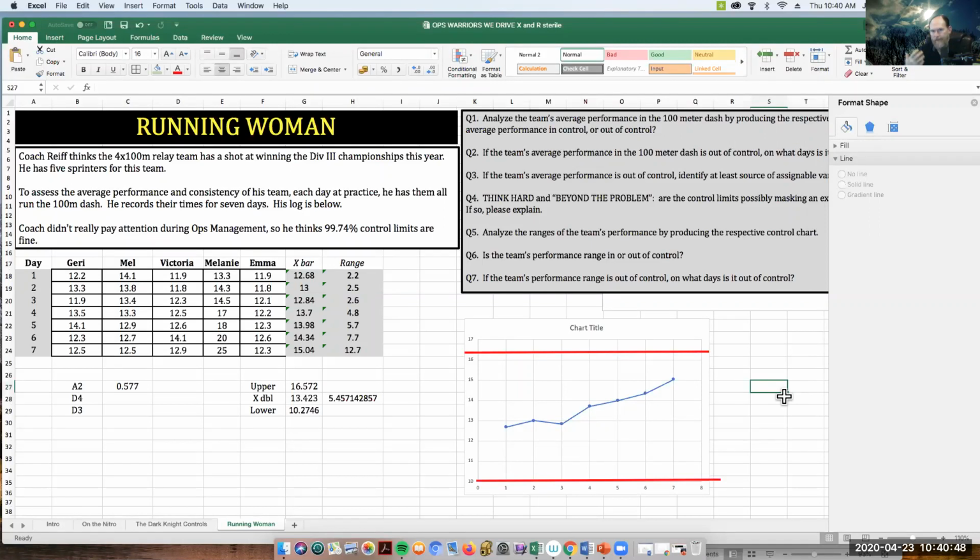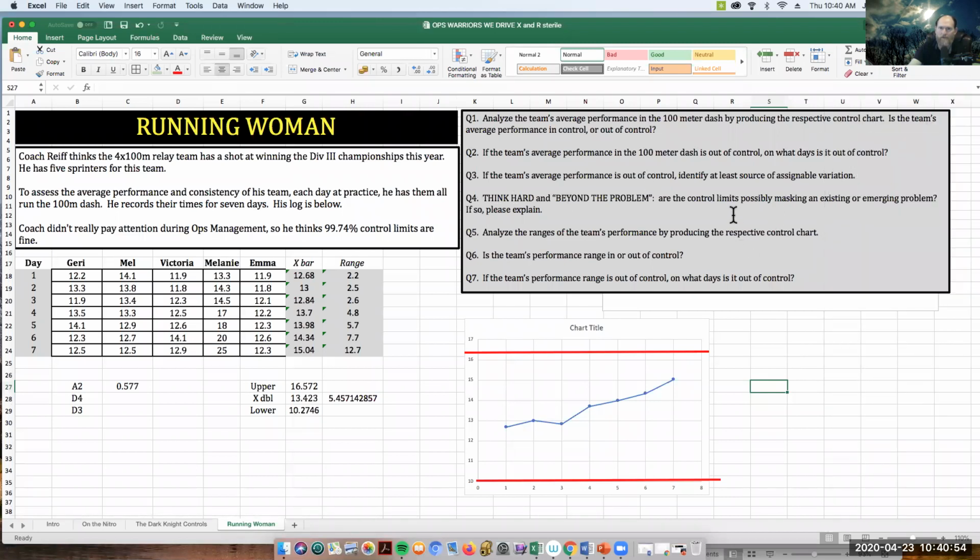Now, Q4, as you look at this by yourself for now, it says, think hard and beyond the problem. Are the control limits possibly masking an existing or emerging problem? So again, under test conditions, I'll make things much clearer for you. But let's think about this.